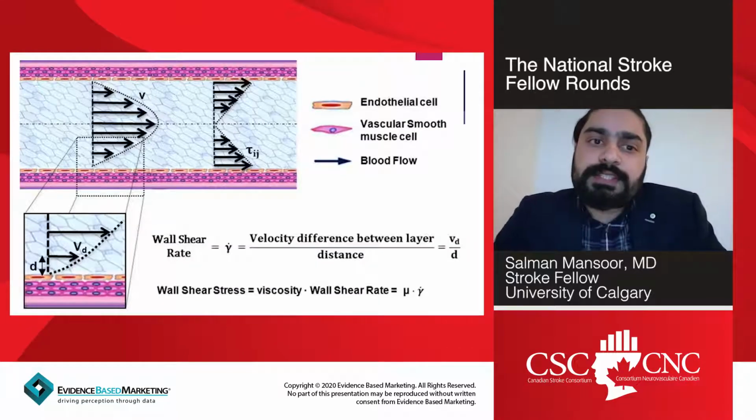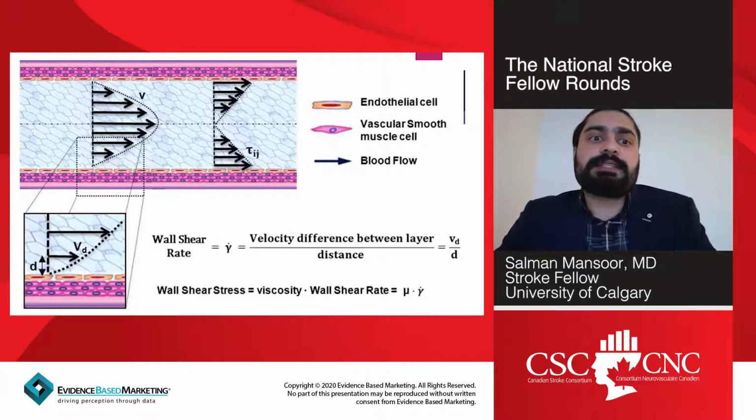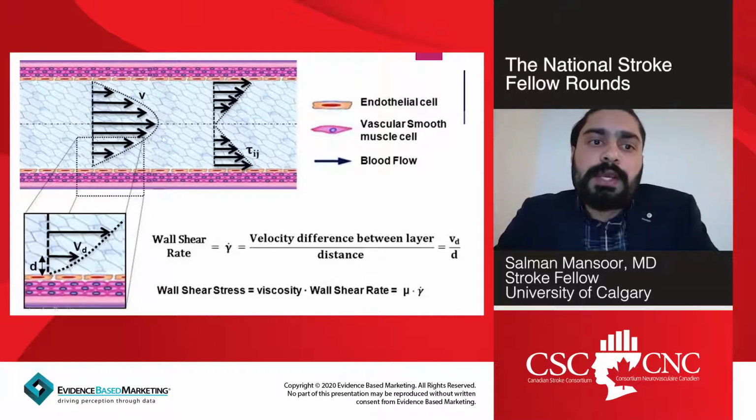So this is the cross-sectional diagram of a vessel lumen. In this, you can see this parabolic shape, which is the blood moving towards the right. You can see that in the cross-section, we have divided this liquid into different layers. The central part of the blood moves slightly forward as opposed to the part which is in contact with the endothelial layer.